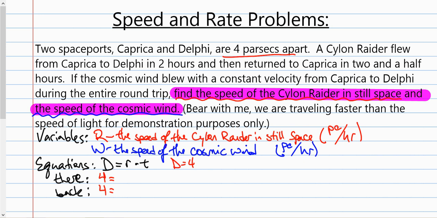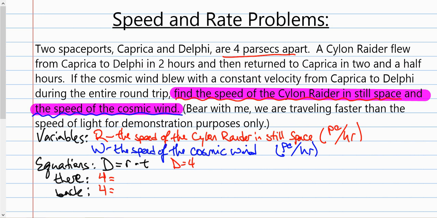Now, I have a constant cosmic wind from Caprica to Delphi. So if I look at the times that I'm going to be going, I can see that on the way there, I was with the wind, and on the way back, I was against the wind.